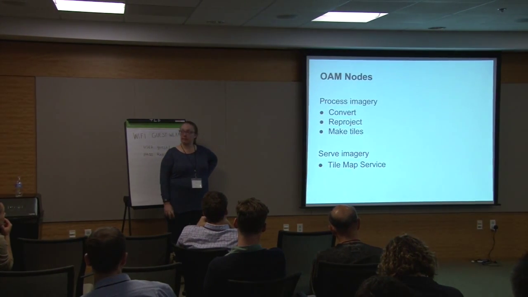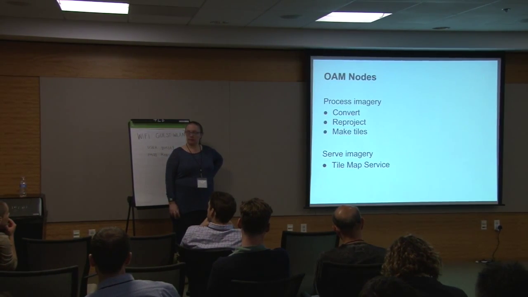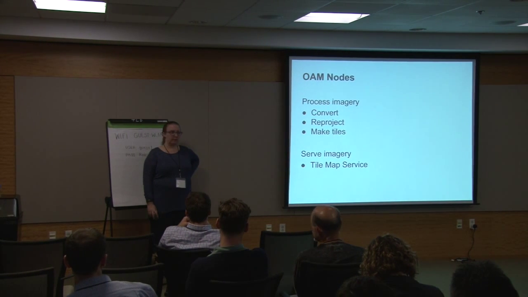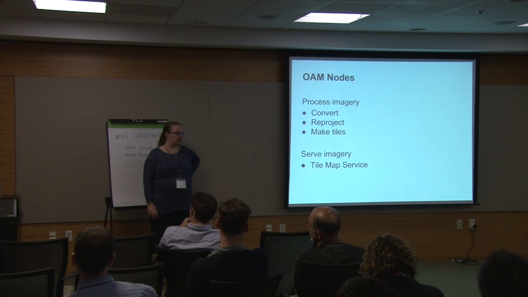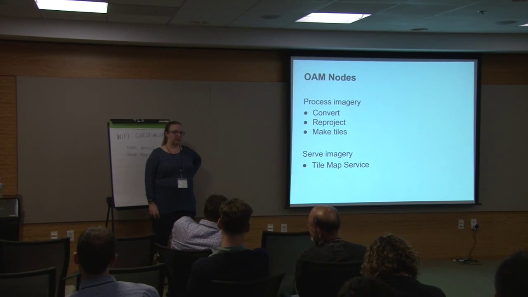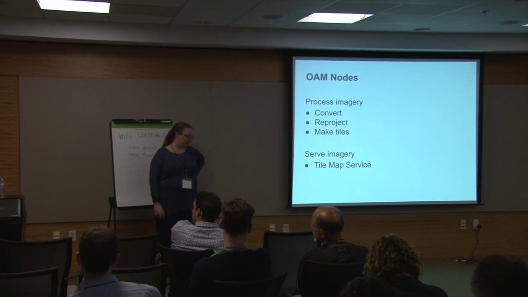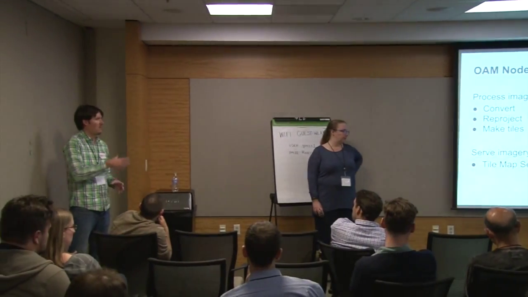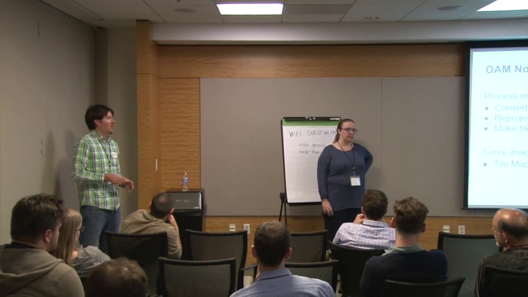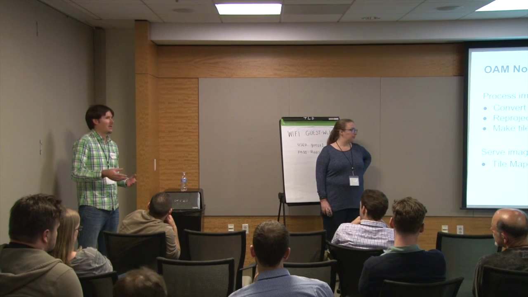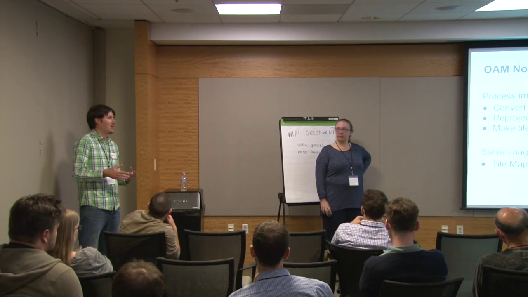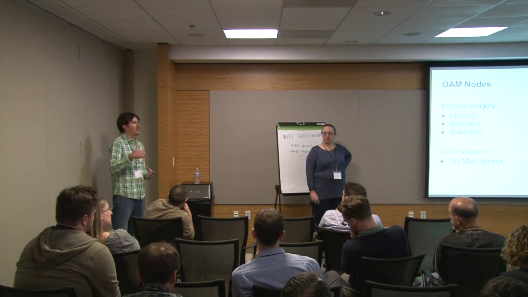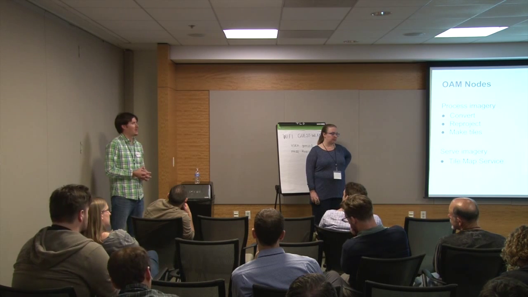And the second part of OpenAerialMap is actually the processing part. So we receive imagery through an upload API, for example, and then that imagery might be in a specific projection for wherever it was collected. So OpenAerialMap will take care of that, reprojecting it into a web-friendly projection, and then also create the tiles, as much as possible pre-seeding those tiles, or provide a way to request processing of those tiles if they're not already processed.